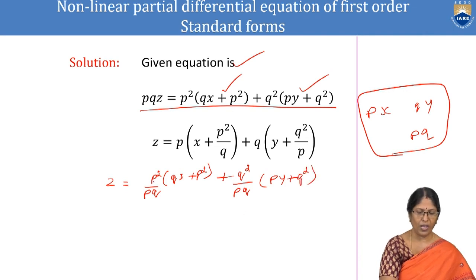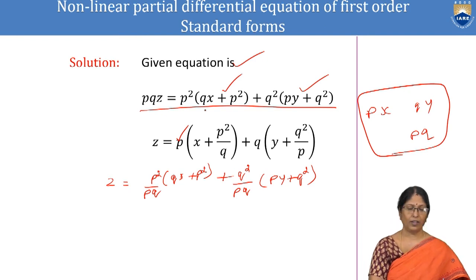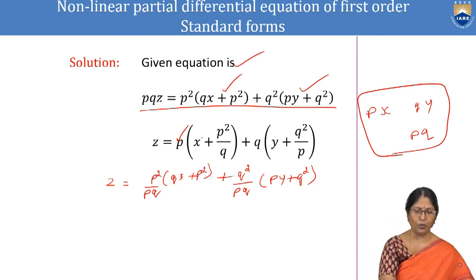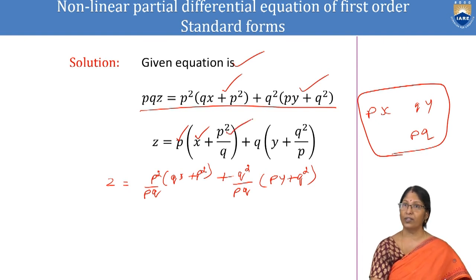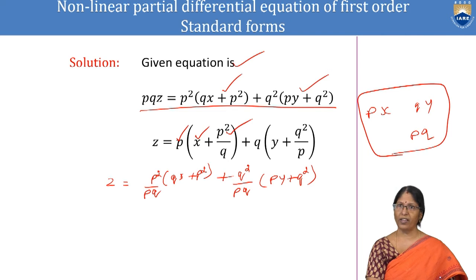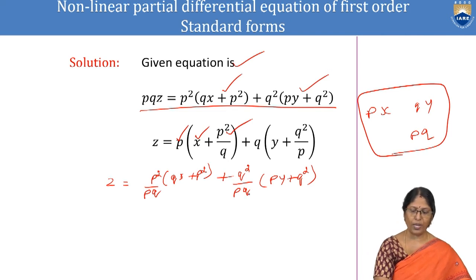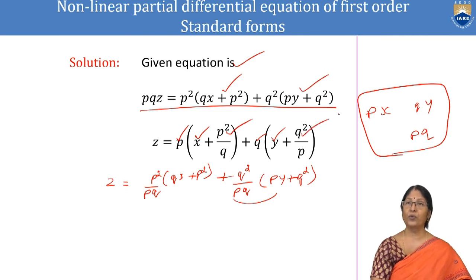Now p square by p, so what is left over is p, and qx by q, x is there, so p square by q. Yes, the first term we got clearly. Q square by pq is cancelled. P we have taken inside. So py by p, we got y. Q square by pq, p and p cancelled, we got q square.